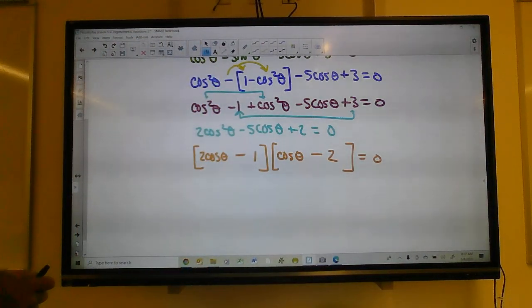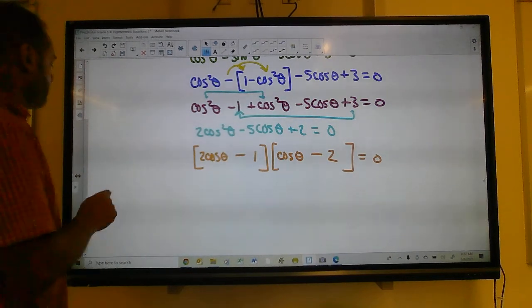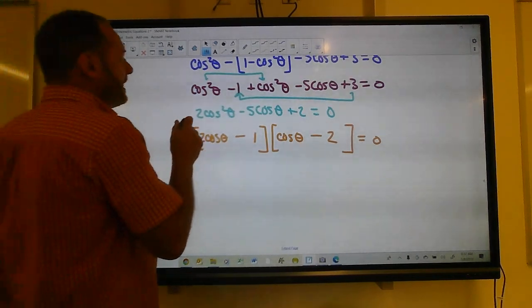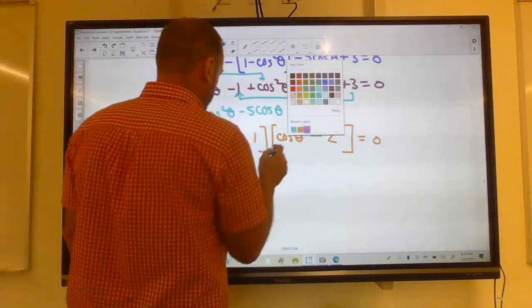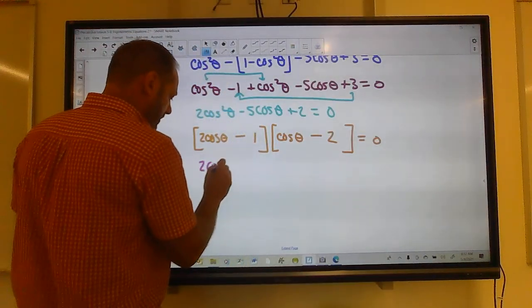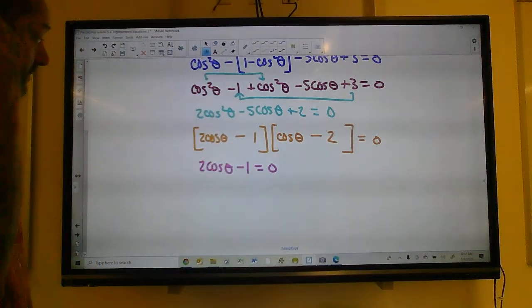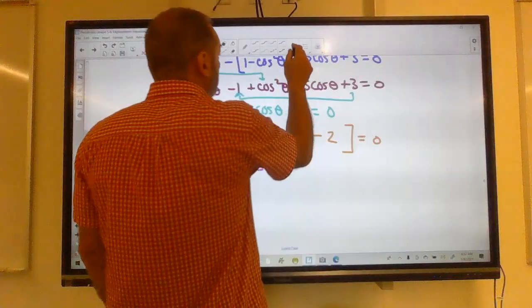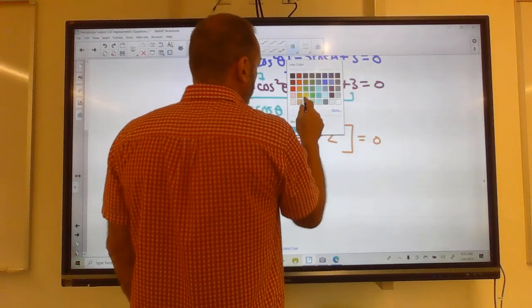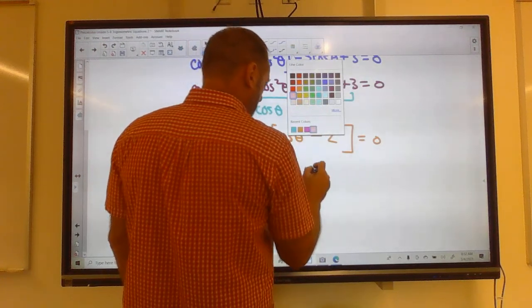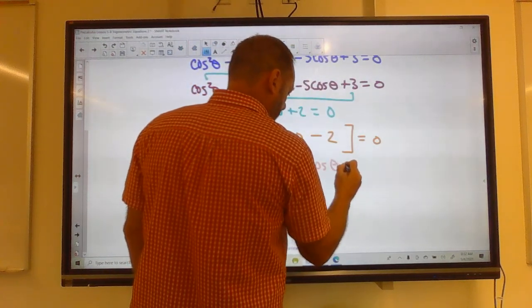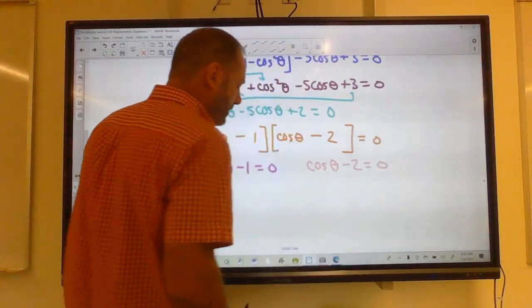So I factored this correctly. And now I'm going to break the equations apart. So I'm going to have 2 cosine theta minus 1 is 0. And then over here, I'm going to have cosine theta minus 2 is 0.